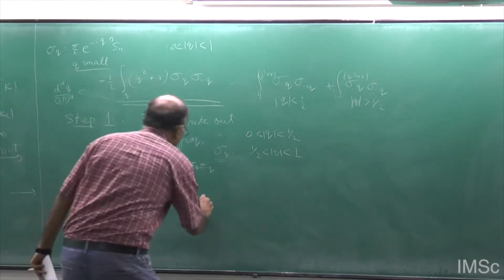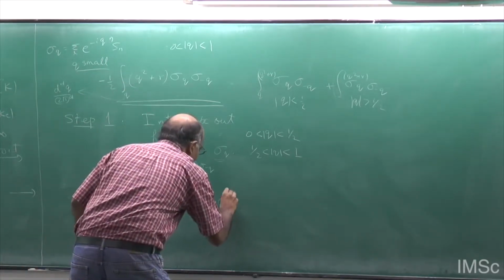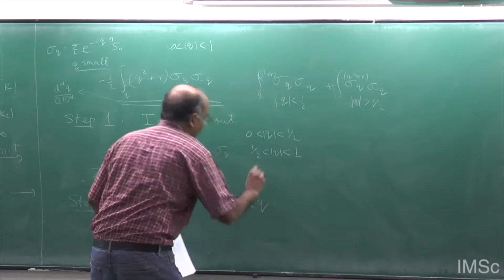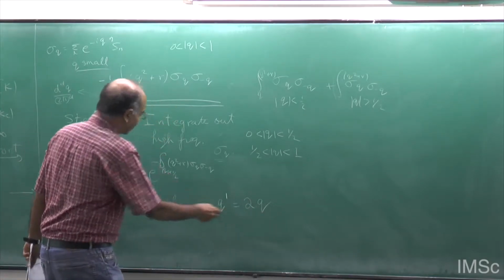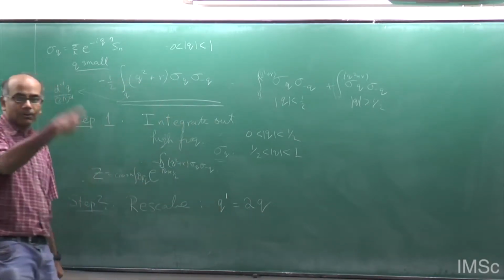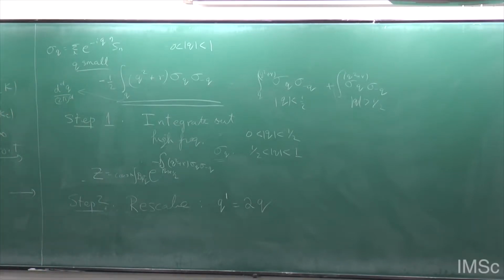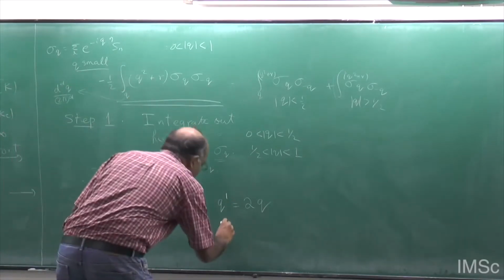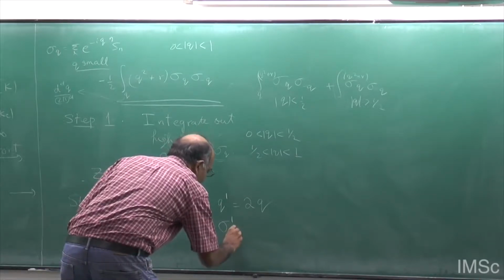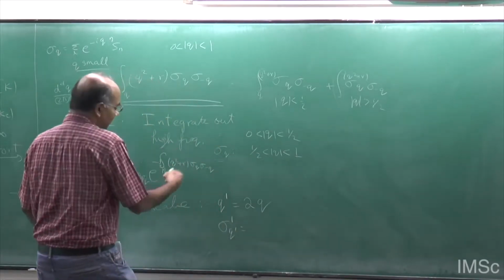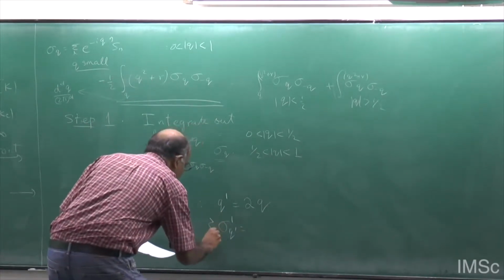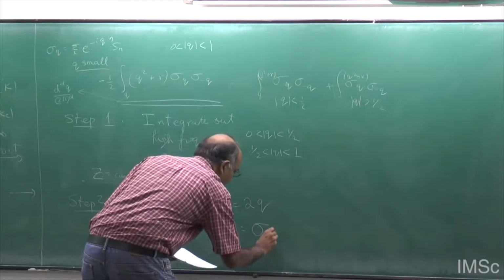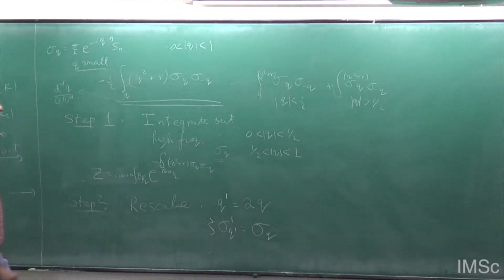So rescale, so we'll call q prime as 2q. Okay, so you use q prime as the labels now. So when q goes from 0 to half, which is what it does, this q prime will go from 0 to 1, which is the original range. And then we'll use prime variables sigma prime q prime instead of sigma q, and they're related by some rescaling, zeta, some rescaling.